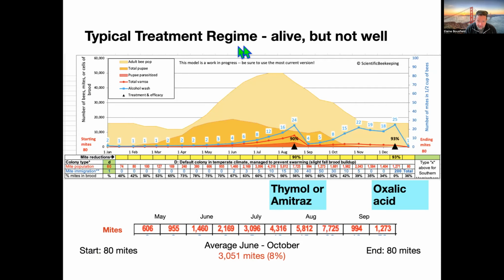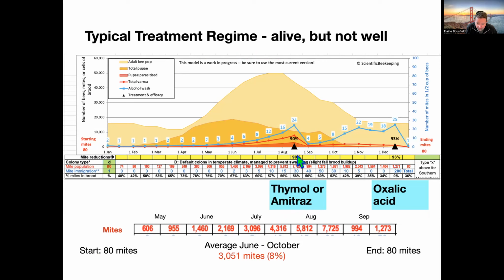So this is a typical treatment regime, and one that I've done fairly standardly, where you hit them with a treatment in the late summer when you've taken the supers off. In this case, I've said thymol or amitraz, so that would be, I don't know, Apiguard or Apivar, and I've said a 90% efficiency.